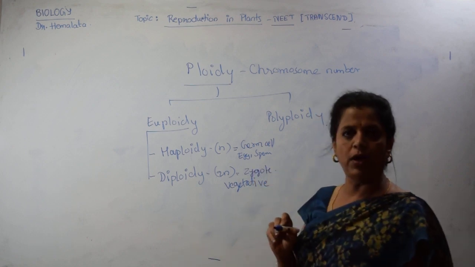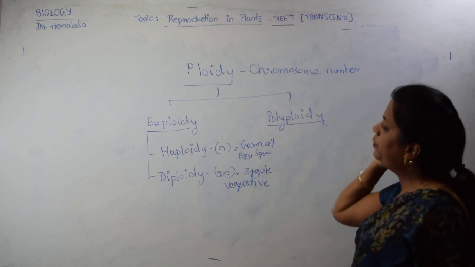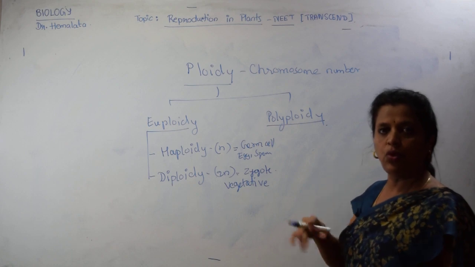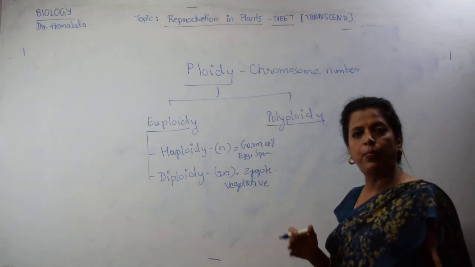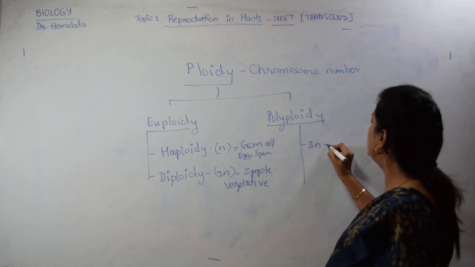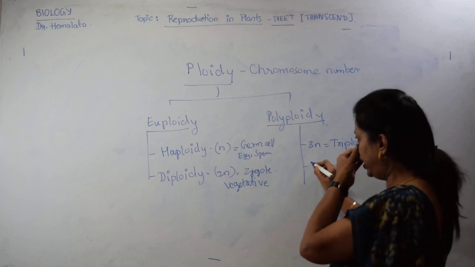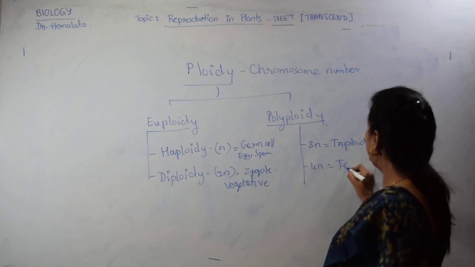Okay, this is the diploid chromosome number. Now, what is polyploidy? If the chromosome number is more than 2 sets, it is called polyploidy. Right? If it is 3N number, it is called triploidy. If it is 4N number, it is called tetraploidy.